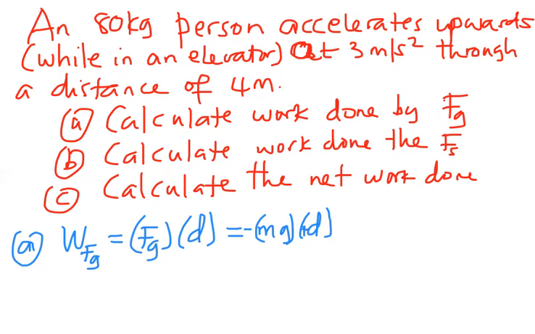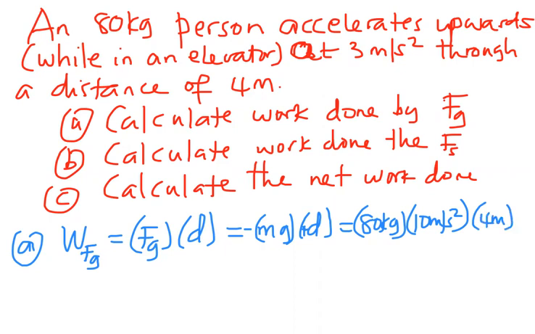Substituting, the mass is 80 kilograms, and times g, I'm going to use 10 meters per second squared instead of 9.8 meters per second squared. The distance is 4 meters.